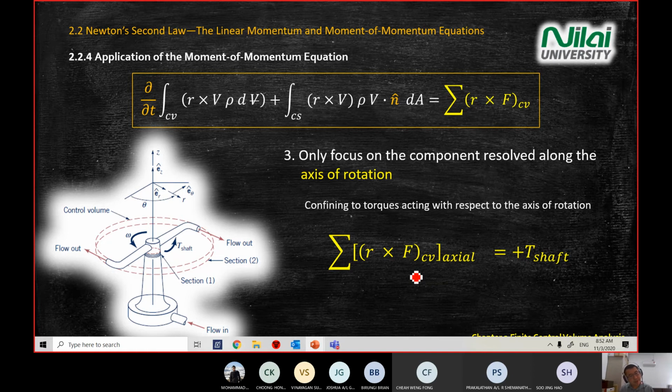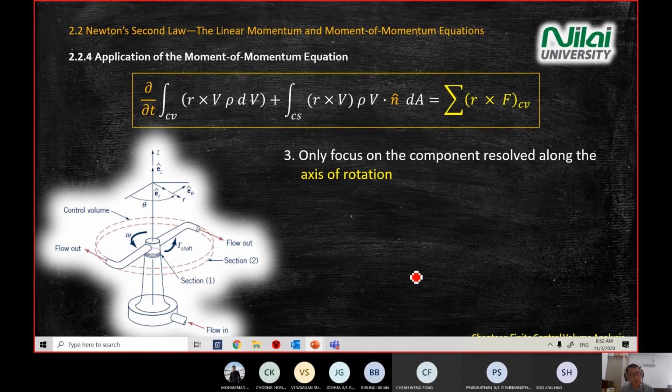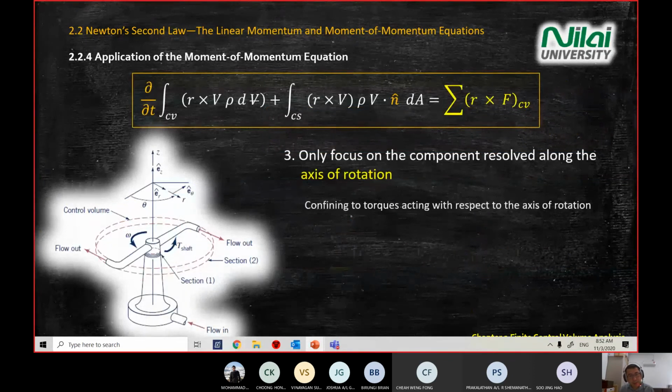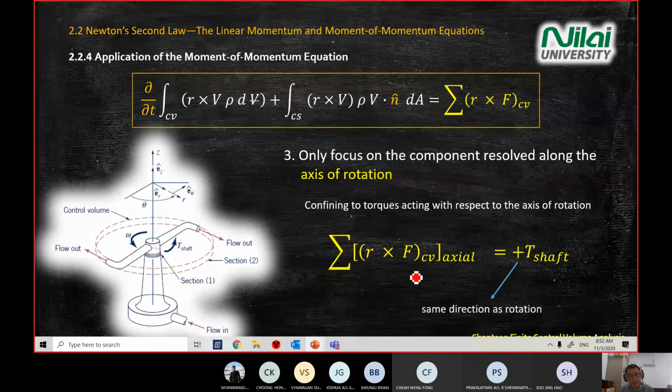You are now at question 34. So it asks you to explain why there is a negative there. So for your shaft, when we have a positive sign, it means we have the same direction of rotation.